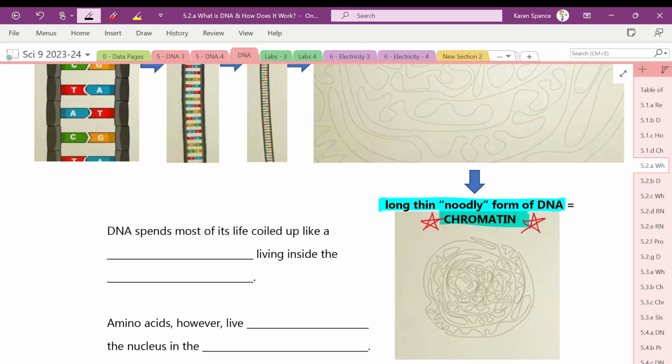So DNA spends most of its life coiled up like a noodle, living inside the, where does DNA live? DNA lives in the nucleus.